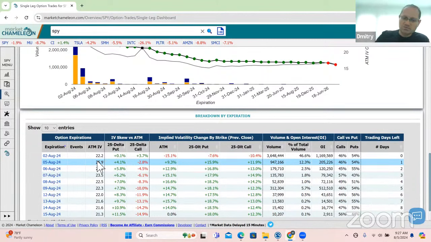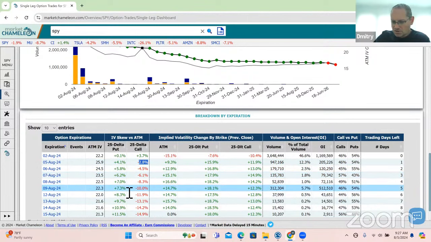Well, the 25 delta put here is 4% higher. What if I ran 25.9 volatility through every strike available and then found a 25 delta call strike? Is it the same as 25.9? It's not. So what's the difference? Here it's saying it is 2.8% below.